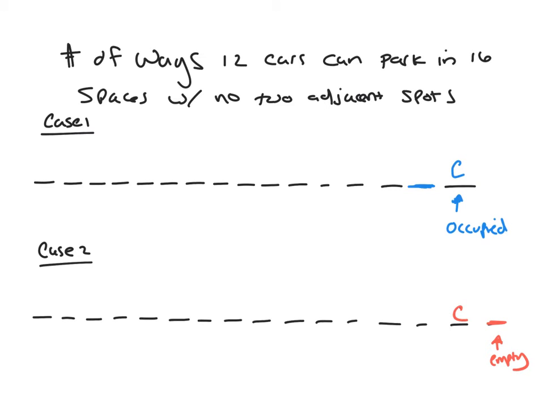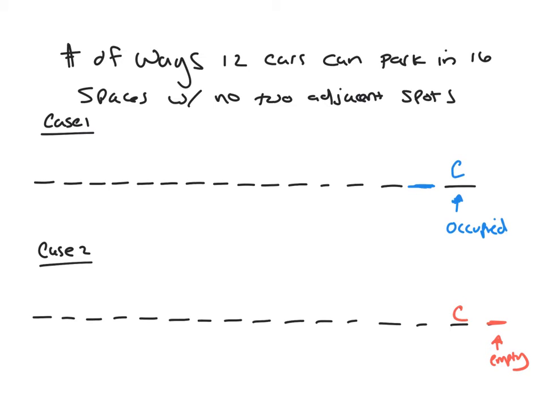Now let's take the case where the last space is occupied. If the last space is occupied, so remember there's 16 spots, in order to ensure that we don't have two spaces in a row, we have to think of the four available spaces as not being next to each other.